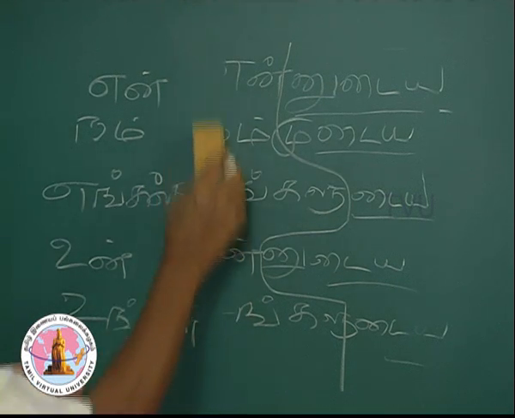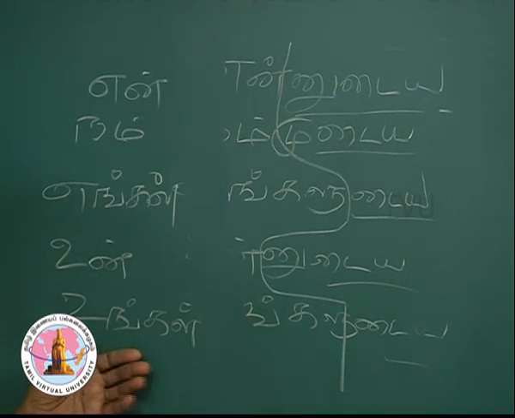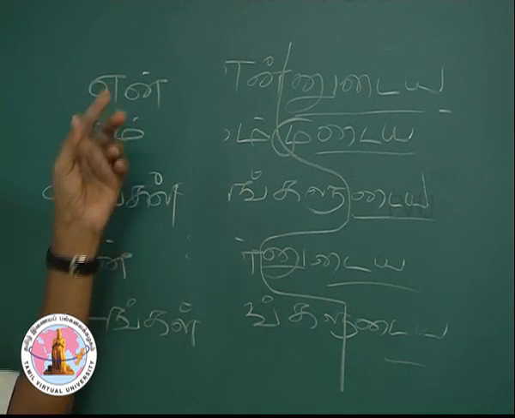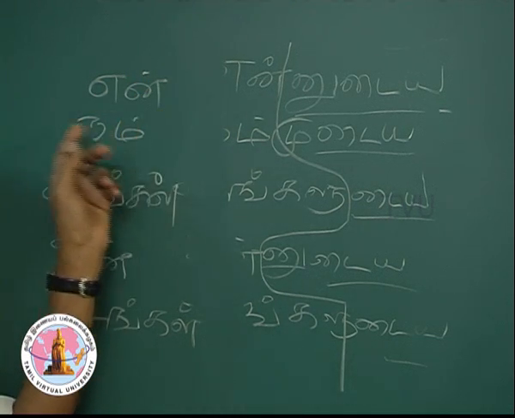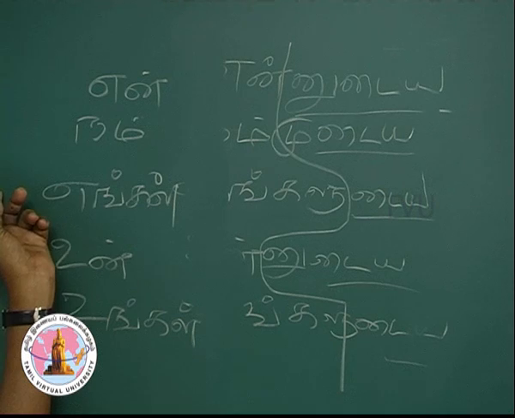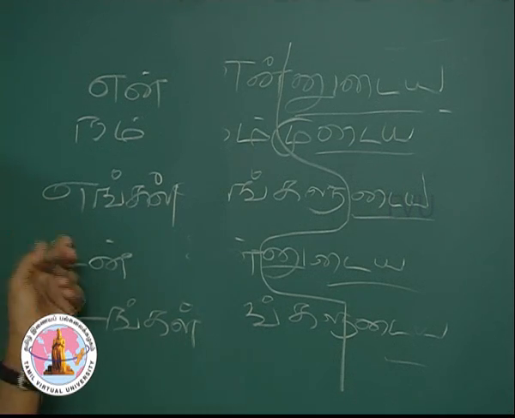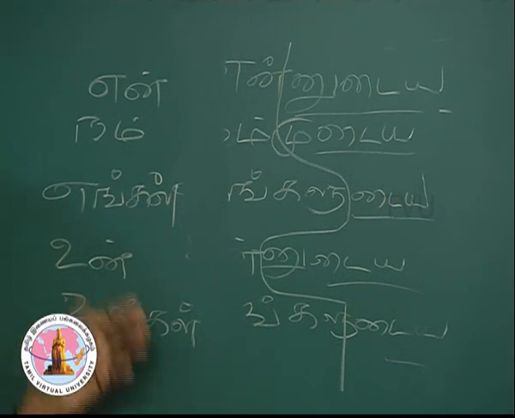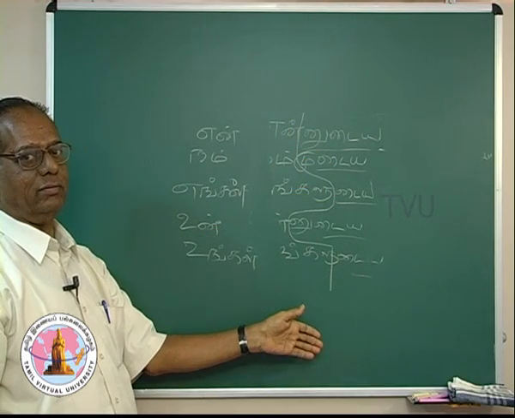Is it not? நான் became என், நாம், நம், நாங்கள், எங்கள், நீ, உன், நீங்கள், உங்கள். Then accepted the case marker.